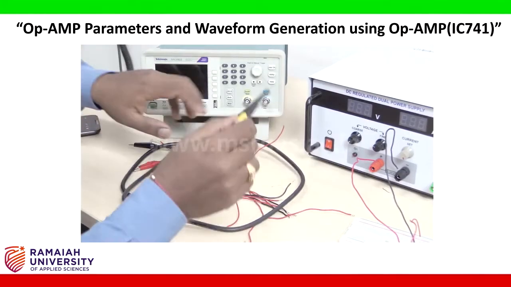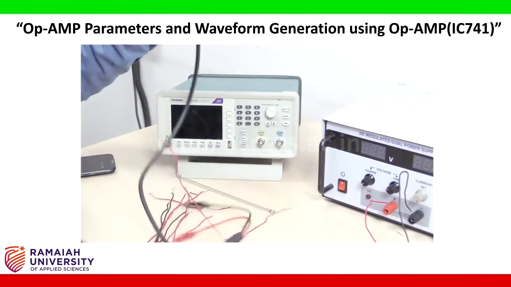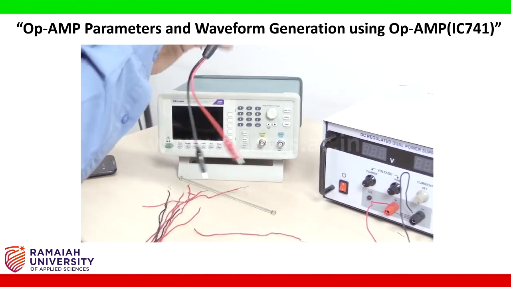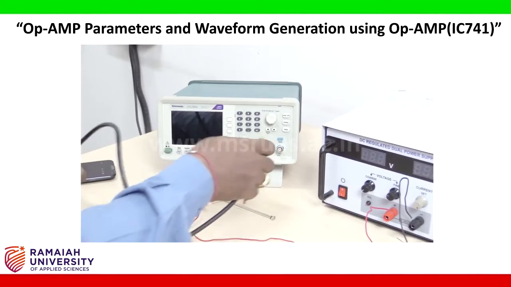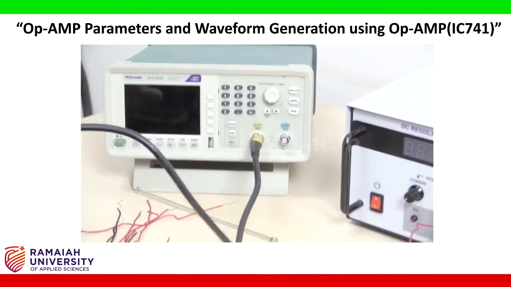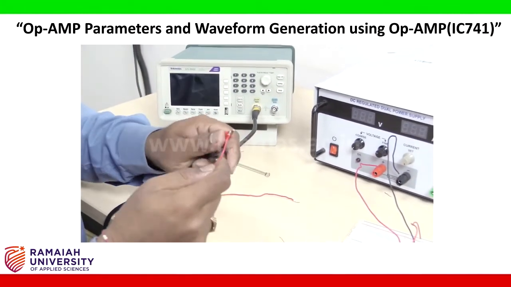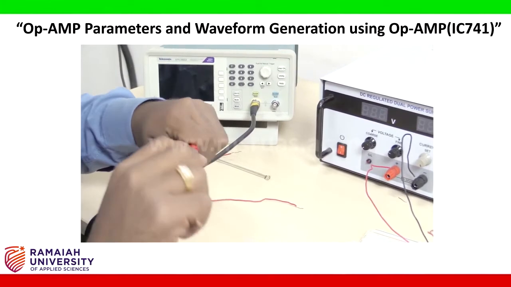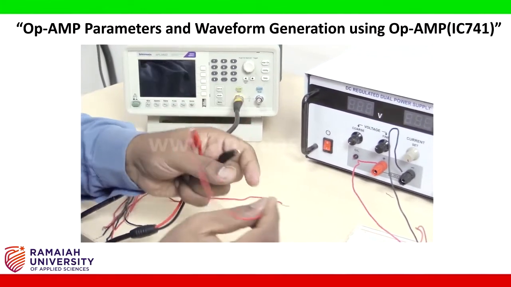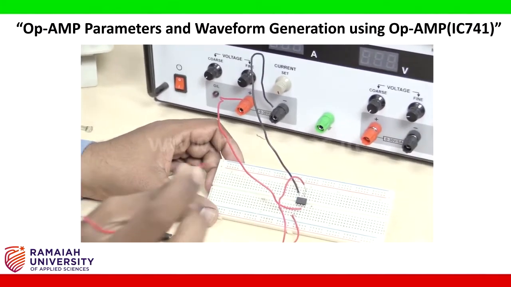Now I take the probe to connect the input to the circuit. So I connect this probe to the terminal 1. So by using the wire, I connect this to positive, this to terminal number 3.